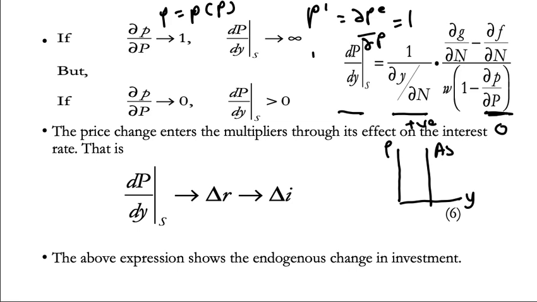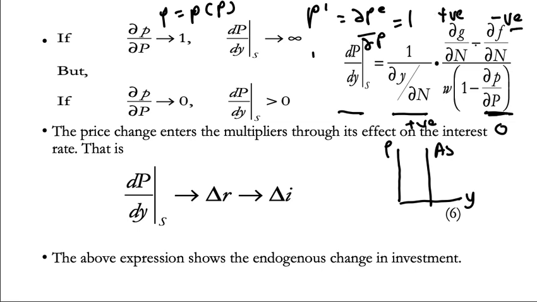Delta G over delta N is actually the slope of labor supply. Labor supply is positive in terms of slope, and this one, delta F over delta N, is the slope of labor demand. The slope of labor demand is negative or minus sign. Positive, and then we have negative here means negative, it becomes positive.